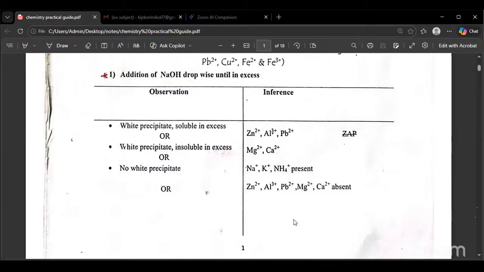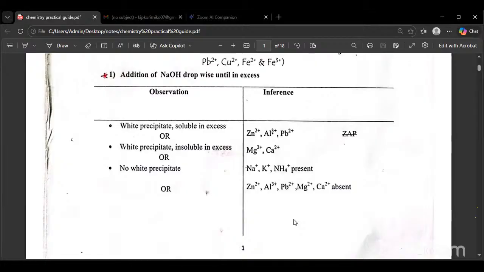Alafu excess weka yote yenye imebaki kwa dropper. Si mnachotanga na dropper hivi. So unaongeza 1 2 3, that is a few drops. So una shake, unaona kama ina form white precipitate, it forms white precipitate. Alafu excess ni uweke hiyo yote yenye imebaki kwa dropper. Ufinyie tu yote iende, and then you see what will be formed.